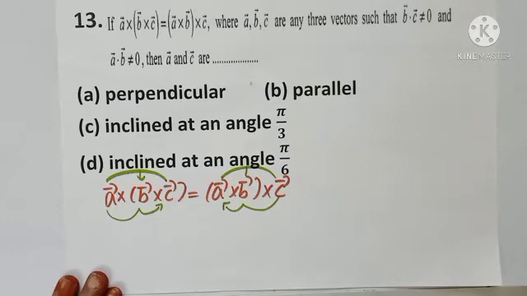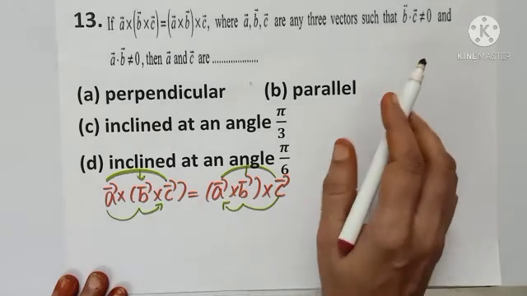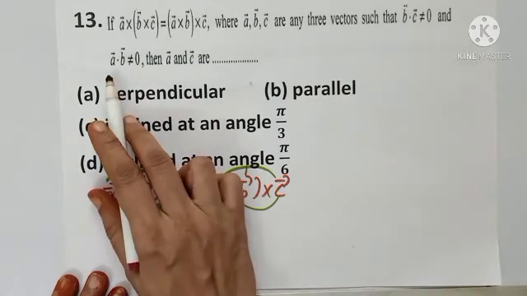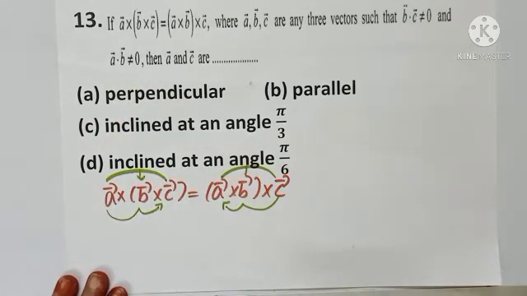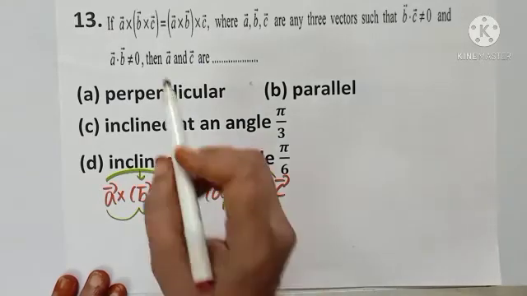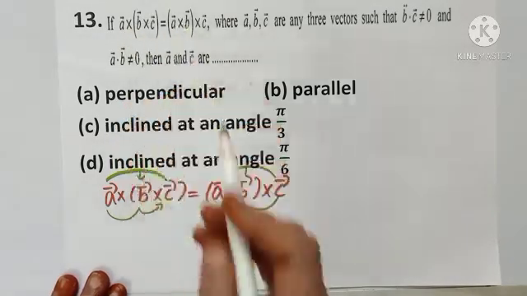Question number 13. If (A cross B) cross C equals A cross (B cross C), where A, B, C are any three vectors such that B dot C is not equal to 0 and A dot B is not equal to 0, then A and C are. Let us apply the formula for both the sides.